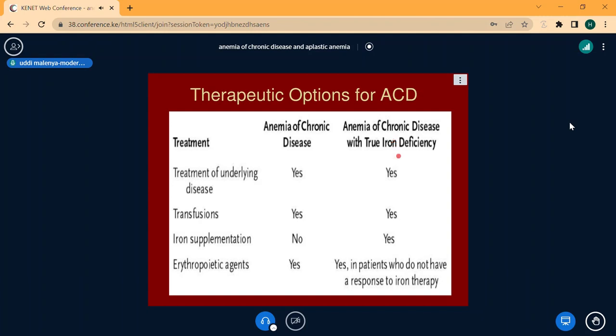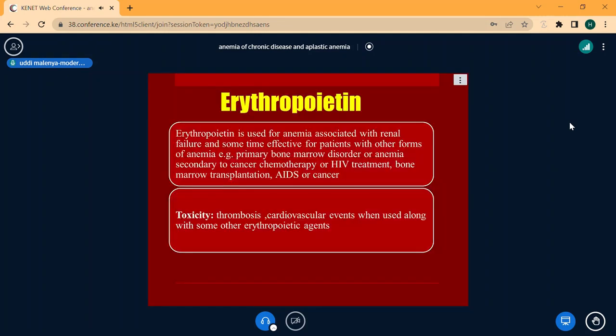What happens in anemia of chronic disease with true iron deficiency? Yes, again, patients who do not have a response to iron therapy, okay? You can, of course, give erythropoietic agents. Let's look at erythropoietin.